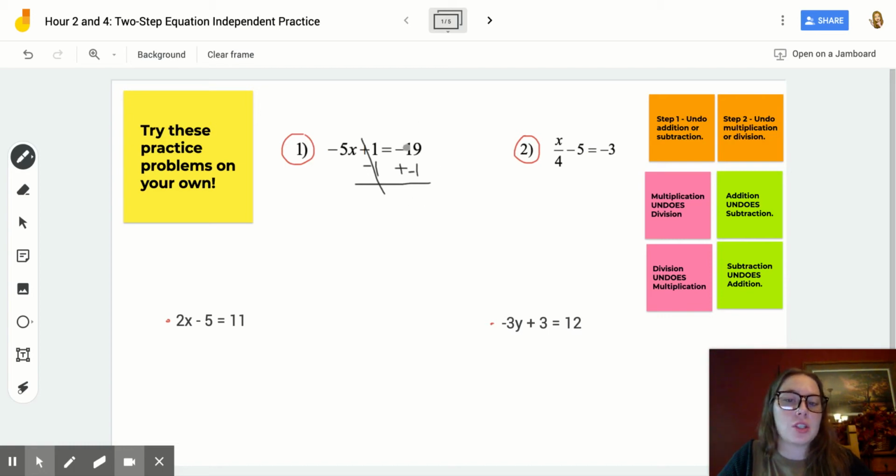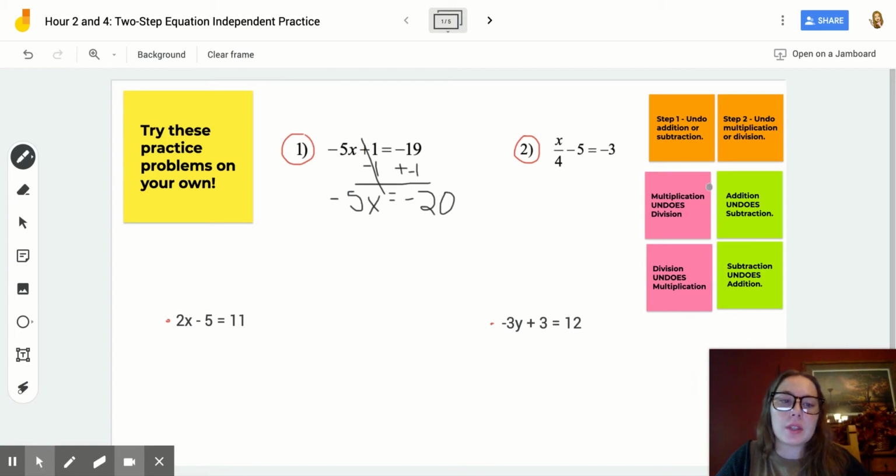So now this is negative 19 plus negative 1. If we're adding a negative to a negative, we're going to keep going into the negatives. So now we have negative 20. Whatever we didn't use on the left-hand side, we're just going to bring right down. So negative 5x.